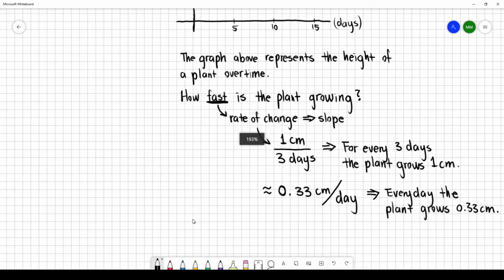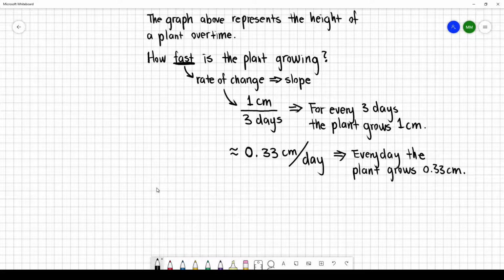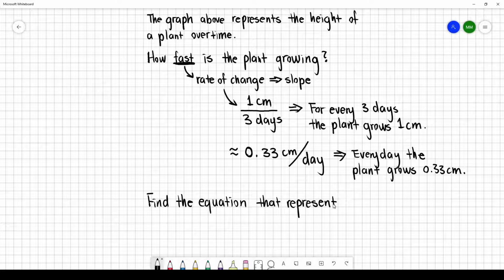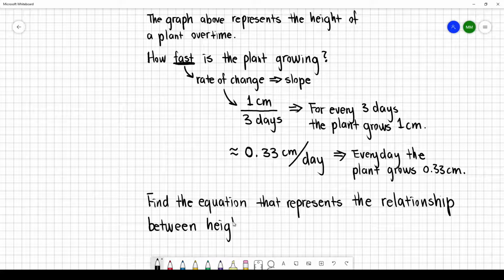So with that in mind, now I want you to find the equation that represents the relationship between height of plant and time.